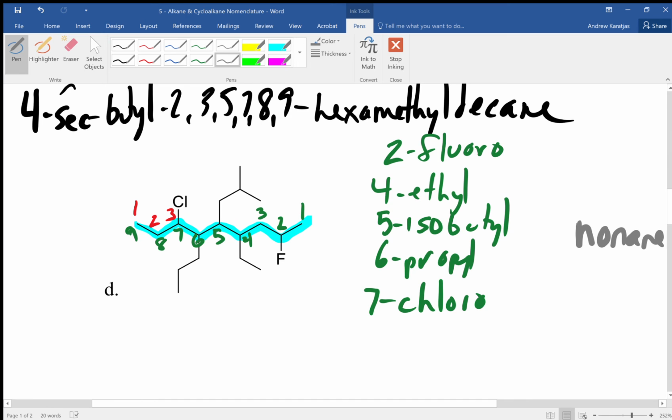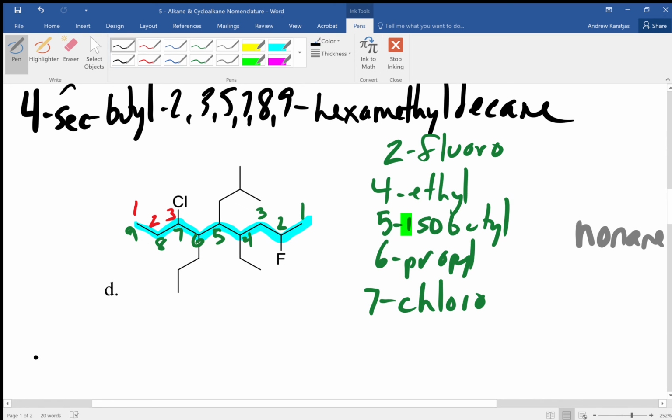Is it under I for iso or B for butyl? Because remember, in the previous example, when we had sec-butyl, we ignored the sec for alphabetizing. But there's a big difference here, and that's iso is not a numerical prefix. And so isobutyl gets alphabetized under I, not under B.